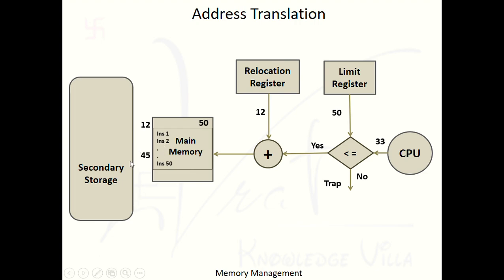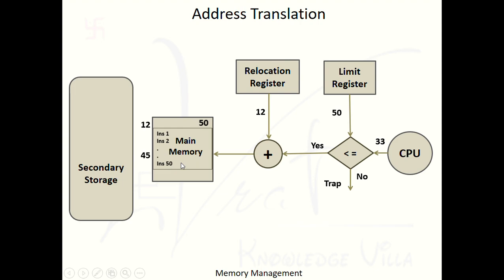It will fetch instruction number 45, because 12 instructions are already available before our program, and we are looking for the 33rd instruction of our program. So earlier 12 plus 33, our instruction number 33 is stored in main memory at position 45. Whenever CPU searches for the 33rd instruction, main memory will access the 45th instruction. That is our real search.